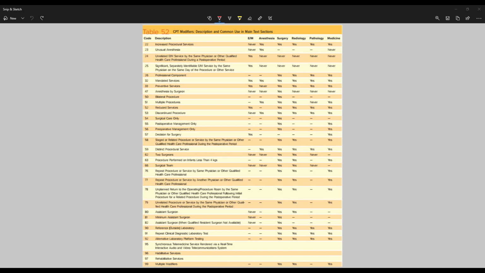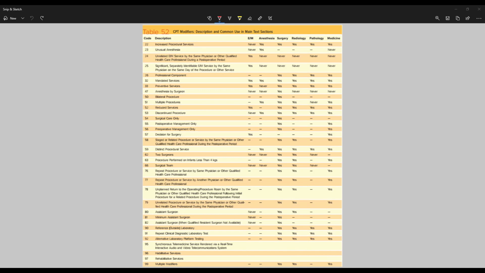Next, we're going to get into two very similar codes here. 79 is the unrelated procedure or service by the same physician during the post-operative period. This can only be used when an unrelated surgical procedure is performed by the same physician. All right, very straightforward. Two completely unrelated surgical procedures.